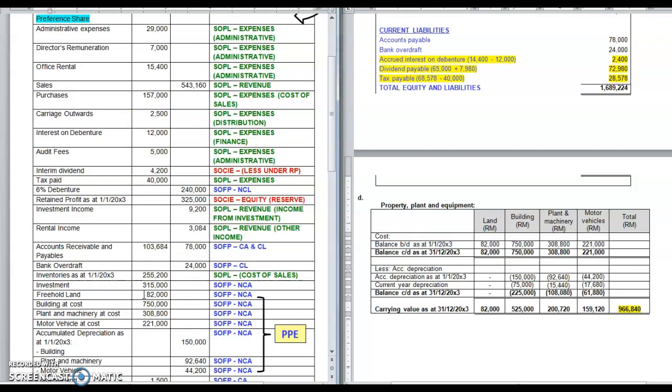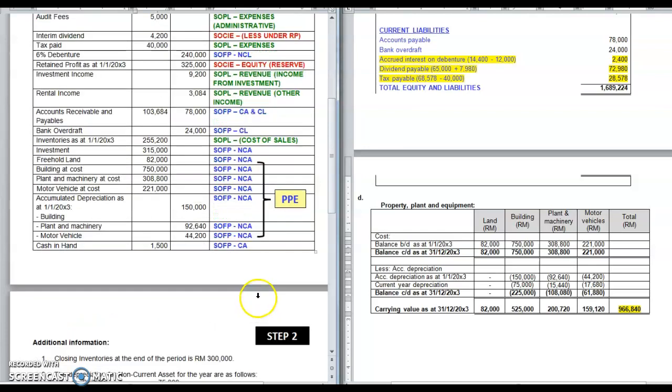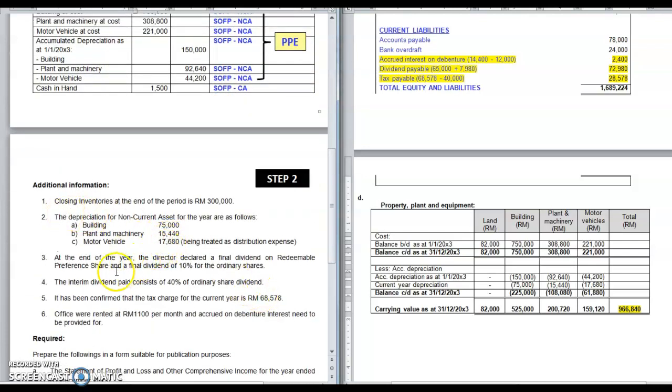This amount is picked up as the opening balance and reported in the notes to the PPE. Then you look for any increase or decrease of the assets during the year. Is there any acquisition or disposal during the year? Since the additional information did not mention anything about acquisition and disposal, there are no changes in the total assets during the year.